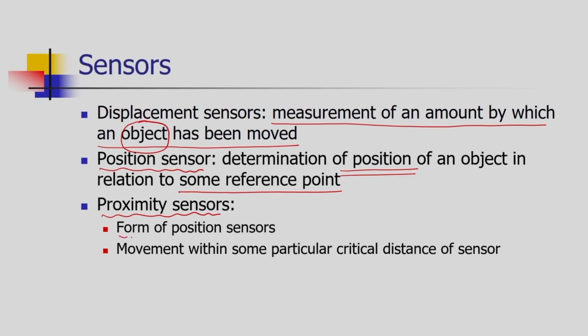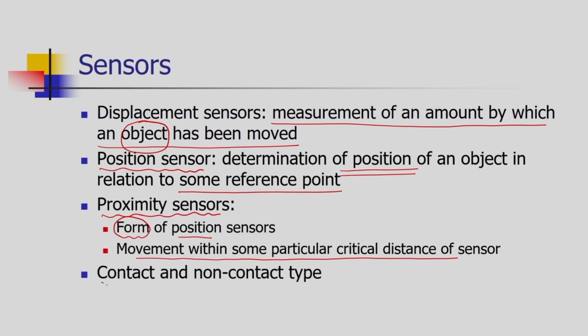The proximity sensors are a type of position sensors only, and they detect the movement of the object within some particular critical distance of the sensor. If the object is coming closer to the sensor and crossing the critical distance, then the sensor detects that object.